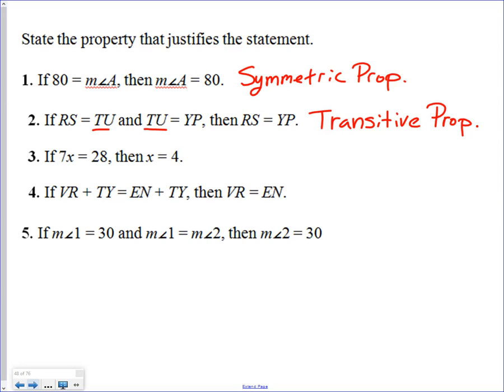I'll be honest, questions like number 3 come across as a little awkward when you're first looking at them. So the question you really should be asking yourself is, what do you have to do to go from the hypothesis to the conclusion? You are using division.